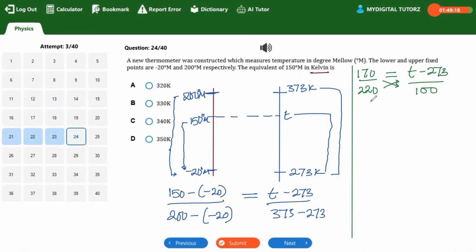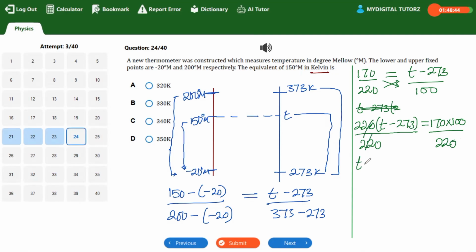I'm going to have 220 into t minus 273. Remember, it's still multiplication. When I multiply this, I'm going to have 170 multiplied by 100. Is that clear? So I can divide both sides by 220, so that this one will go with this. I'll have t minus 273 equal to what?